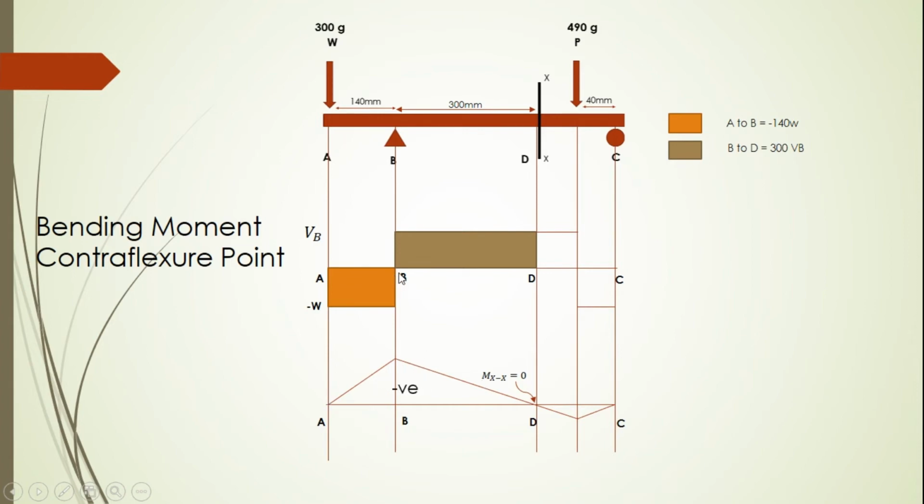To find the area from B to D, you get 300 VB. It is positive, so it goes down until we reach this point. We can see that at D, the intersection between the x-axis and this line is perfect, which means the moment is equal to 0.